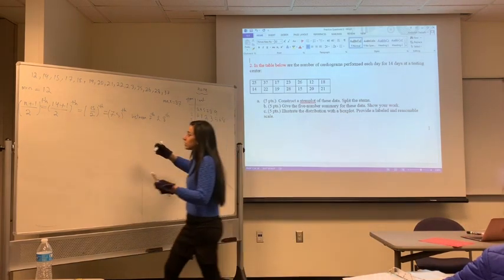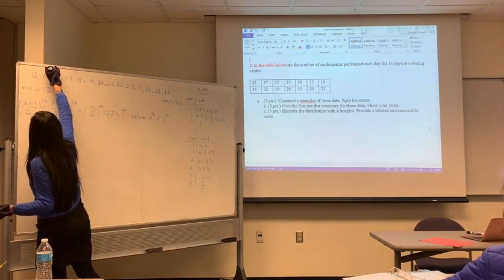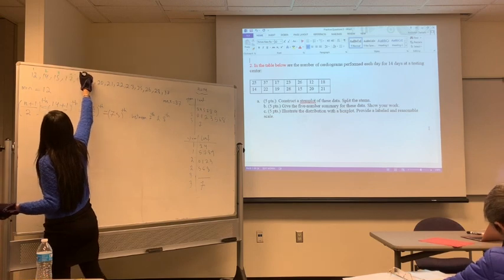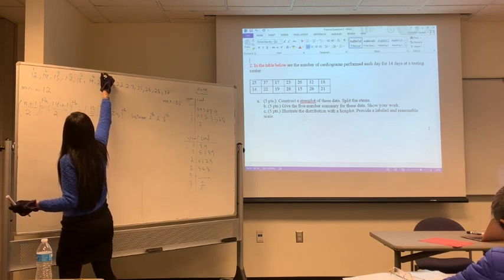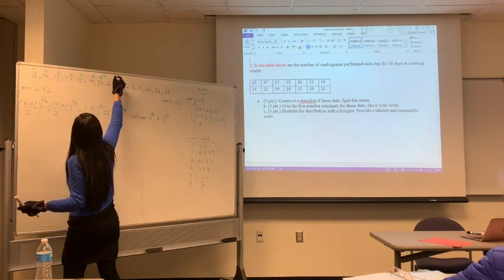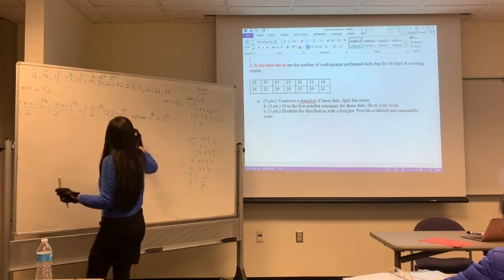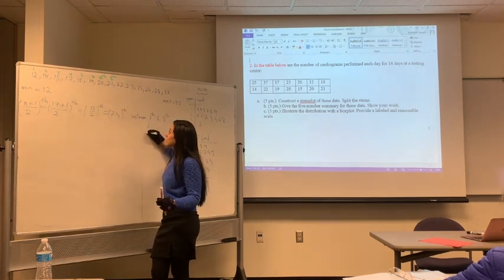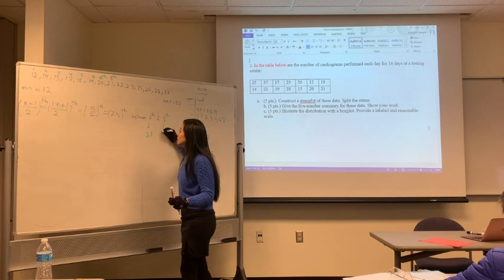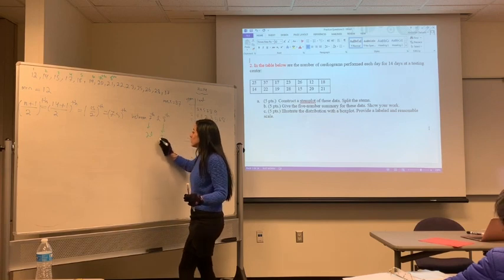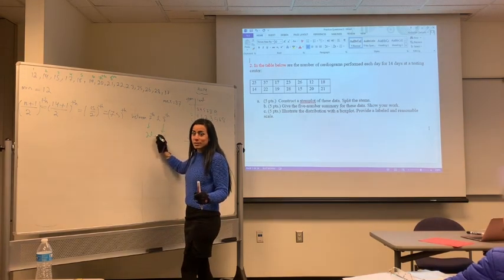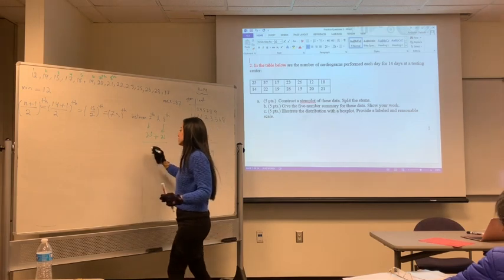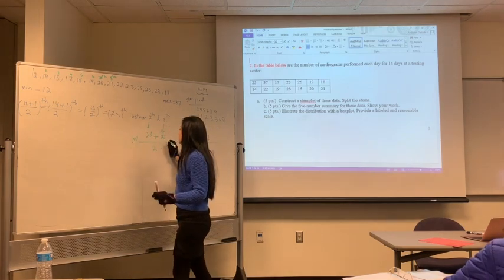Now we should count. 1, 2, 3, 4, 5, 6. This is observation number 7. This is observation number 8. So observation number 7 is 20, and observation number 8 is 21. What do we do? Divide by 2. This is the median.